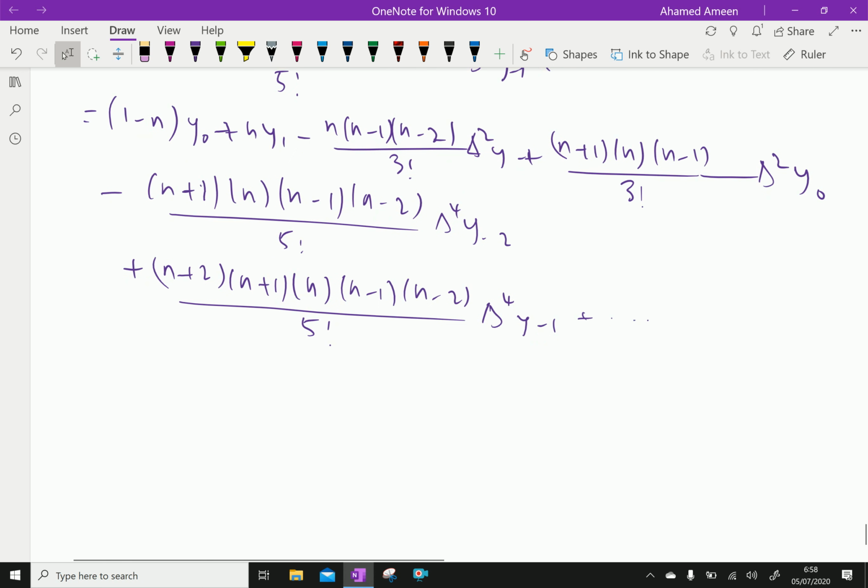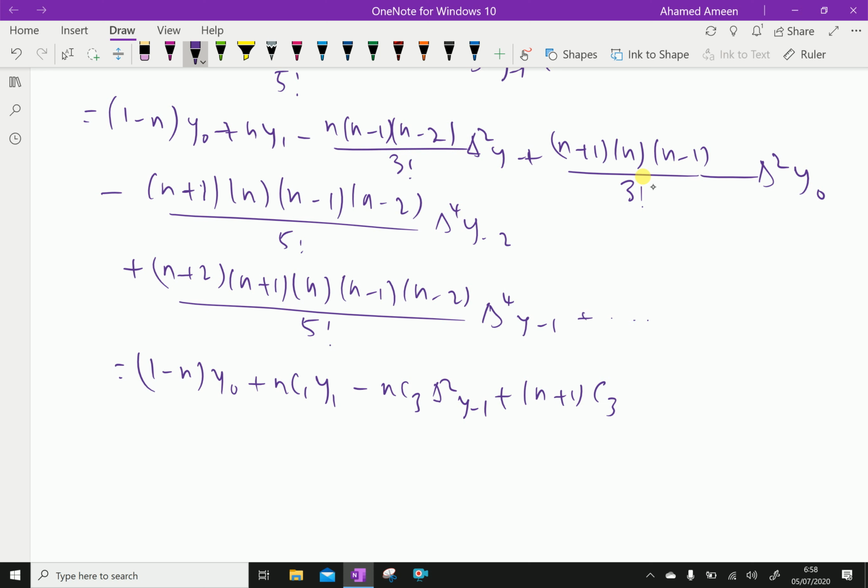Now in simplification we can write 1 minus n y0 plus n y1, we can write nC1 y1 minus nC3 delta square y of minus 1 plus n plus 1 C3 delta square y of 0.